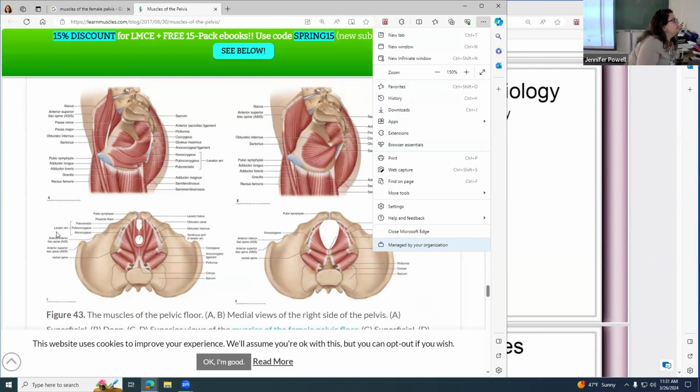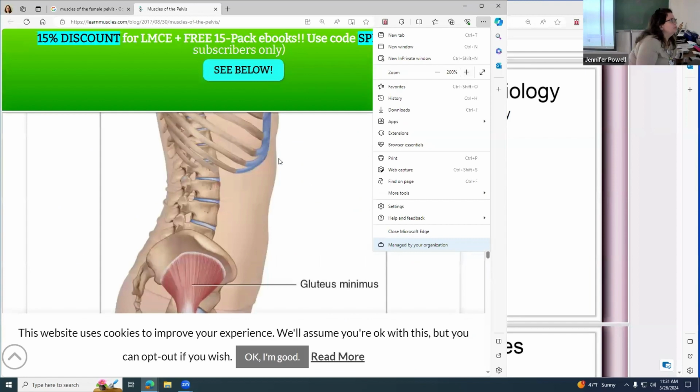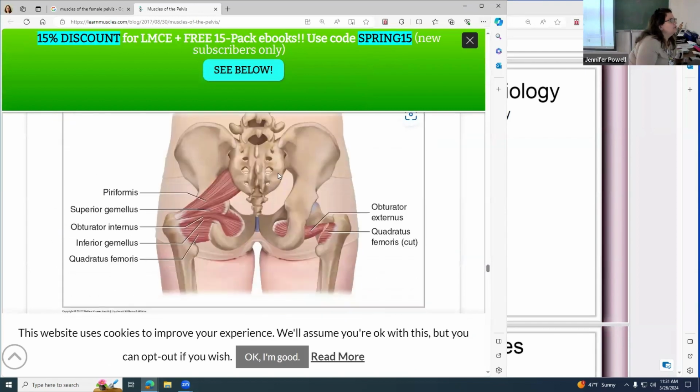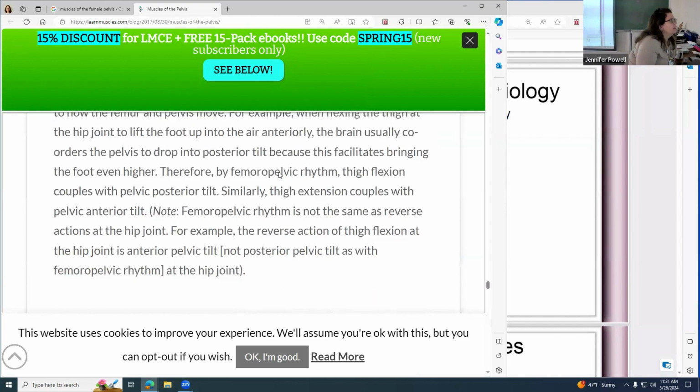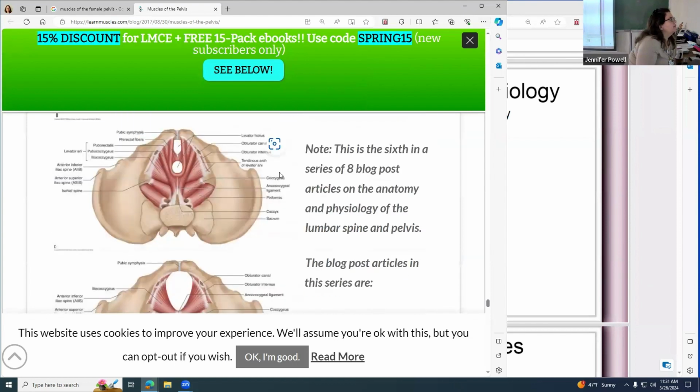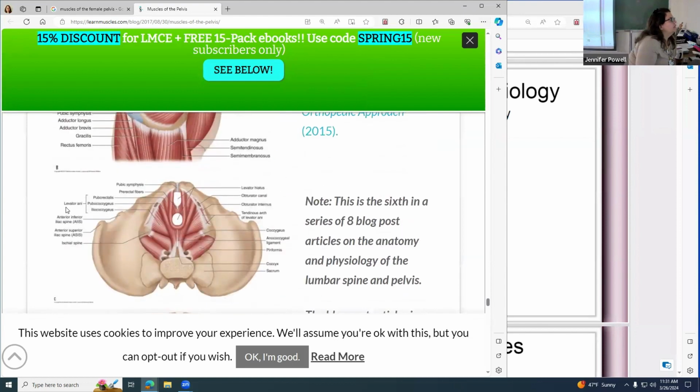If you can even see this, the levator ani muscles, those are the big ones. Those are the ones that you see when you're doing a pelvic exam that you just need to be aware of that they're there. And they are made up of the puborectalis, coccygeal, and iliococcygeal. So this one, and this one.